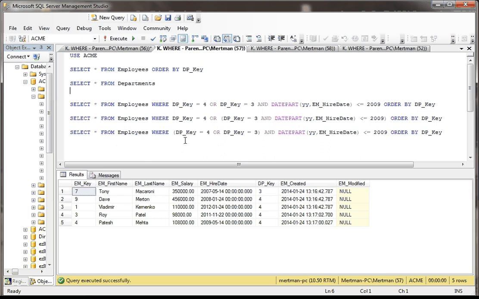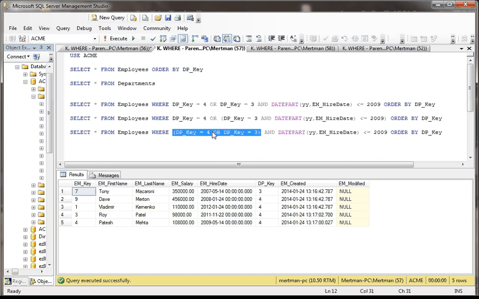In order to fix this, what we really need to do is wrap this part in parentheses. So what we're saying is the DP key has to equal 4, or the DP key has to equal 3. But we're putting this in parentheses, so it figures out this whole thing first. It's kind of like saying DP key in 3, 4.